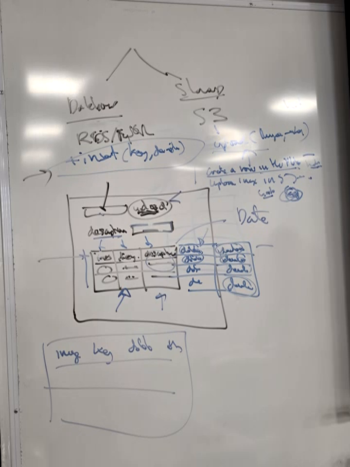Insert into, SQL, this is the statement. You have S3 key and description, and then you pass values. And here you pass the S3 key that you have generated and the description that you got. So they are linked together. That description is for that key.